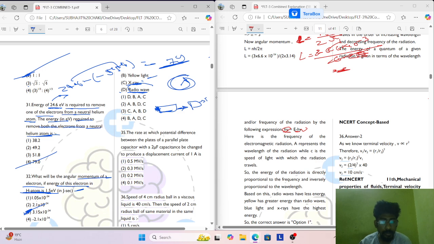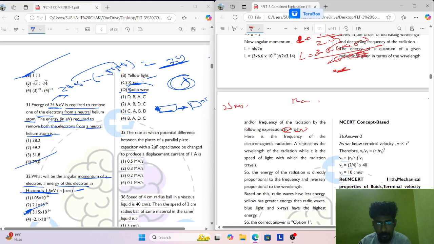As you know, from radio wave to gamma ray, if you go this way, the lambda is decreasing and the frequency is increasing. So X-ray has the highest frequency out of all of this. Therefore radio wave has the lowest frequency, so the energy will be lower, so radio will be first.